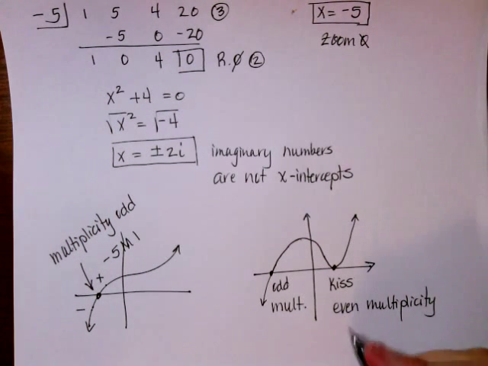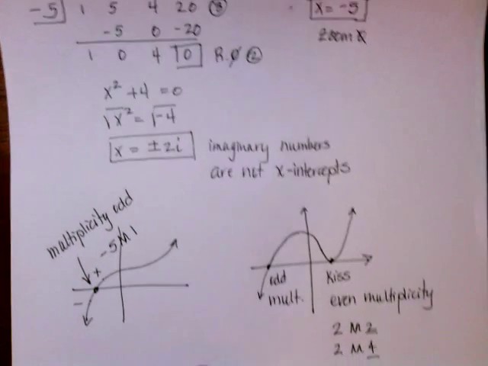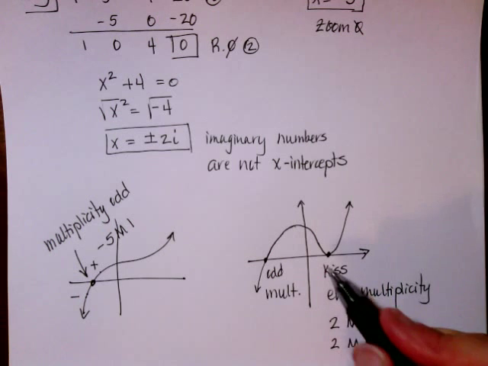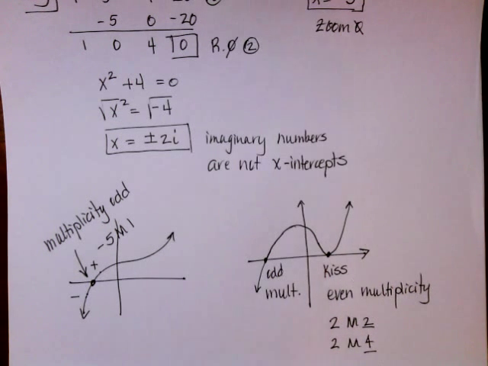That means this could be a 2 with a multiplicity of 2, or it could be a 2 with a multiplicity of 4. So if the multiplicity is even, then the graph is going to kiss the x-axis. So it actually allows us to graph a function without using a grapher because we know a lot of characteristics.